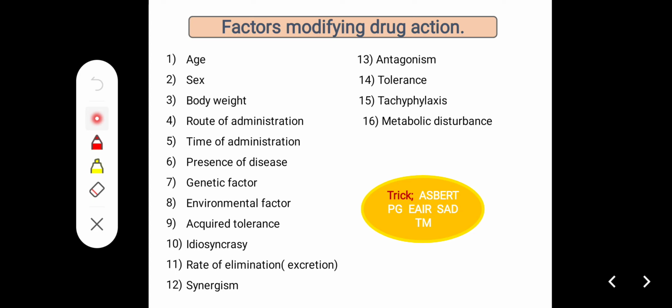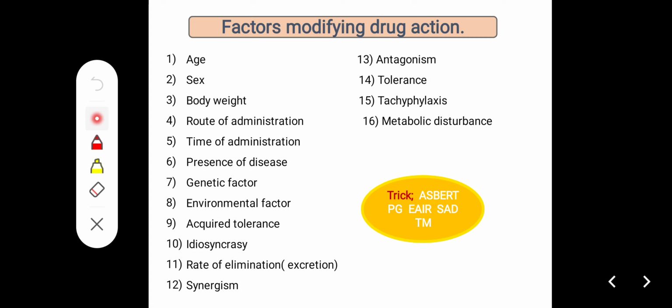Route of administration: in the oral route, a higher dose is required as compared to the IV route, because oral absorption is decreased, while in the IV route the drug directly reaches the blood. Time of administration: before a meal there is more absorption and more pharmacological action, but GIT irritation occurs; after a meal absorption decreases but there is no gastric irritation.